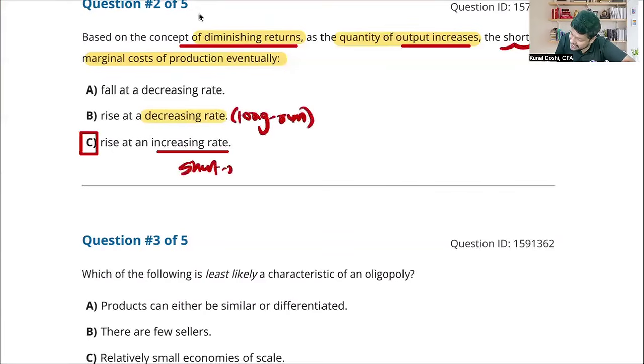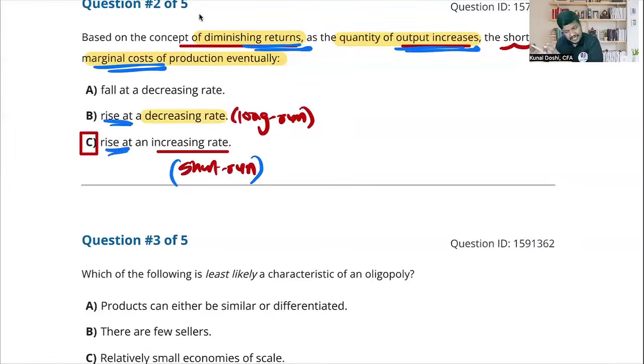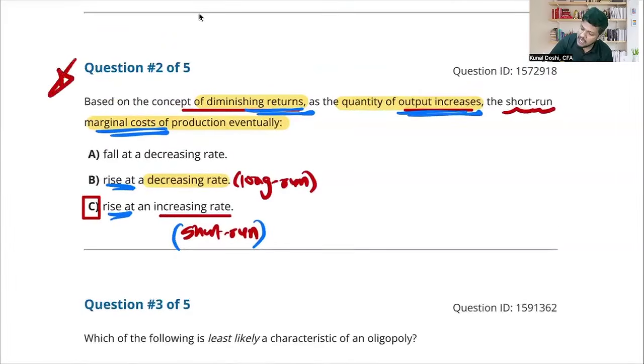In the short run, it is increasing at a massive rate. Therefore, even if you're producing more, your marginal cost is increasing at a very fast rate and your returns are diminishing. So yes, they rise at a decreasing rate in the long run, and in the short run at an increasing rate. This is by far one of the most complicated questions, and I want you all to understand this and write it down.